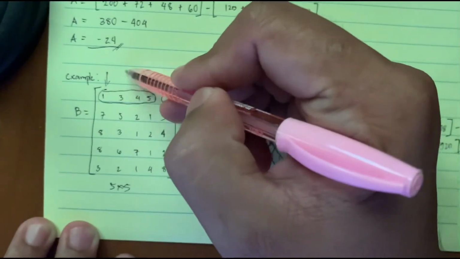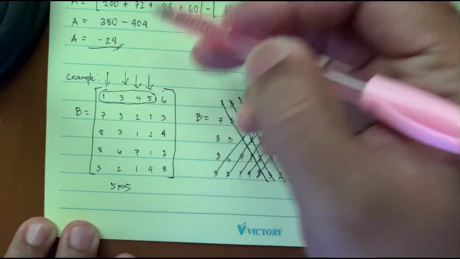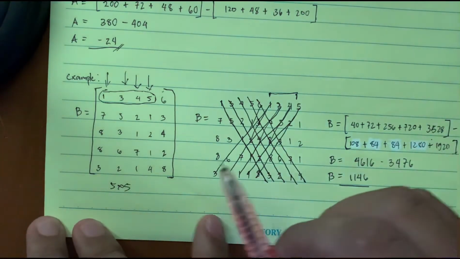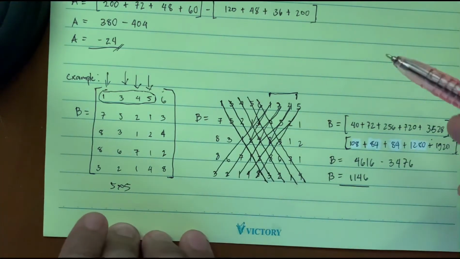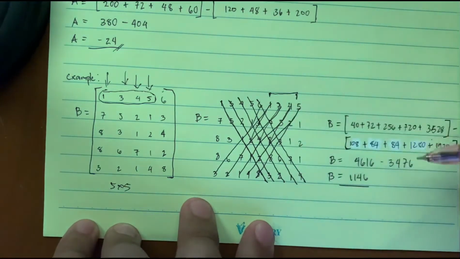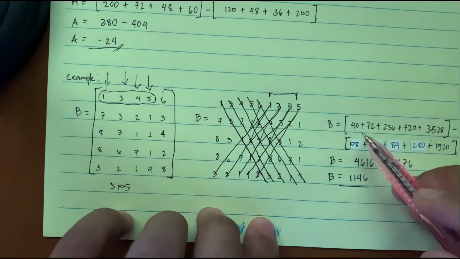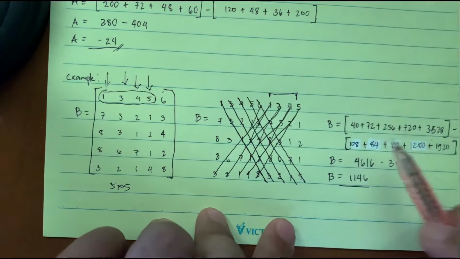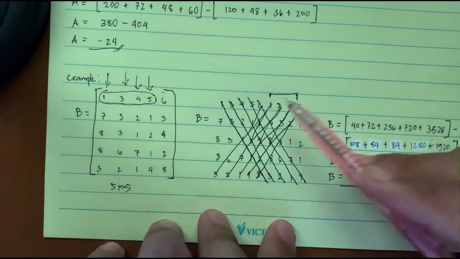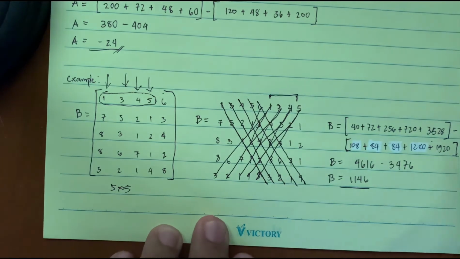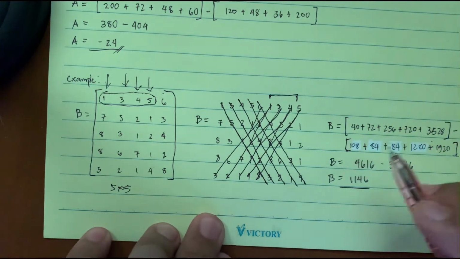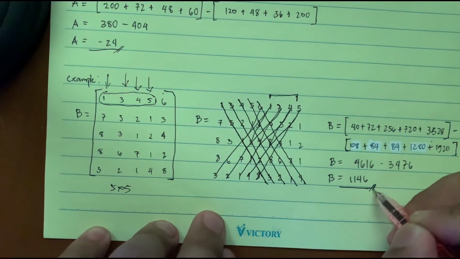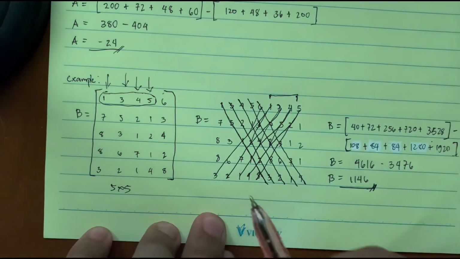Pababa. Column 1, 7. Ganun lang din yung procedure kanina. Minultiply ko lang diagonal. Nakakuha ako ng 40 first diagonal, 72 plus 256 plus 7. Then saka ako inad. Then saka ako minus. This is the answer, 1146.